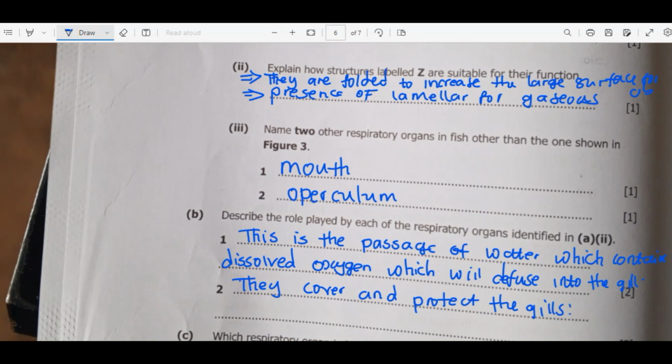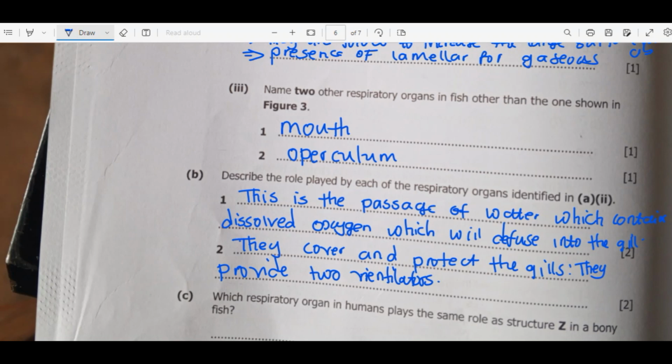Then by this they provide two ventilators. There is a lot, but we can say this. So that is the point.